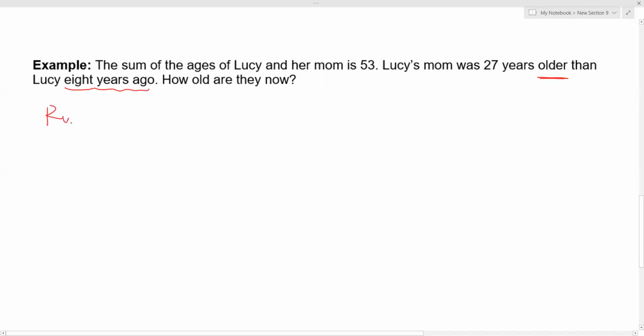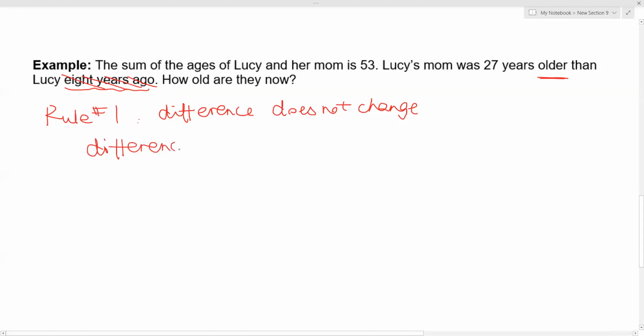But rule number 1 already tells us that the difference does not change over time. So we can just go ahead and cross that out. That piece of information is just there to confuse you. So you're just going to say the age difference is 27 years.